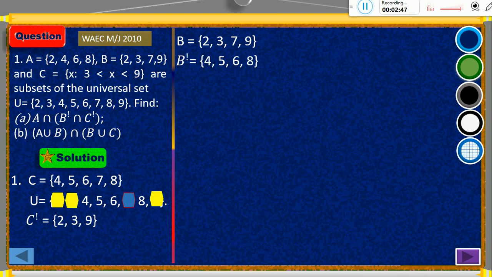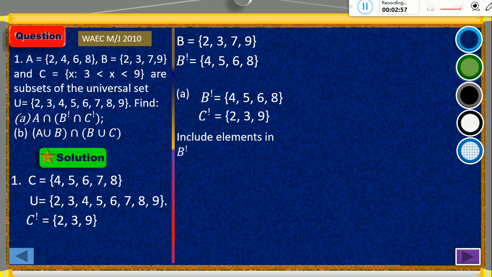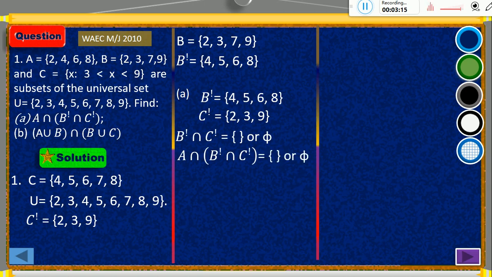These are the complement of B. Now we are going to find the intersection of the complement of B and the complement of C. That is an empty or null set. Now we are going to find the intersection of the empty set with A, and that is also an empty set.